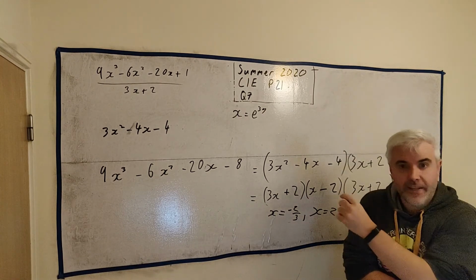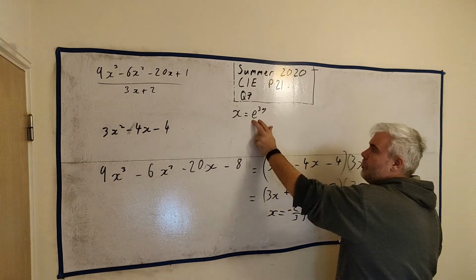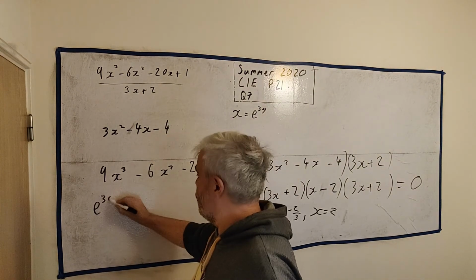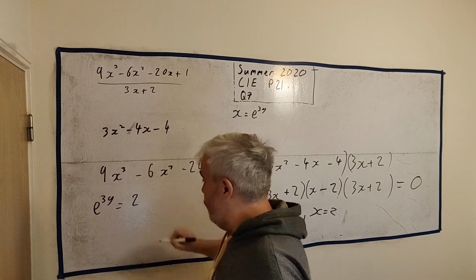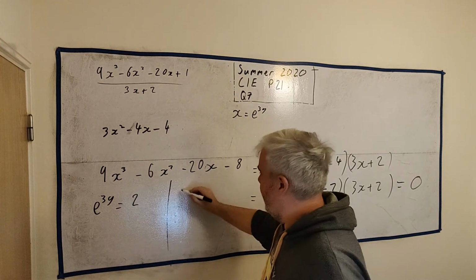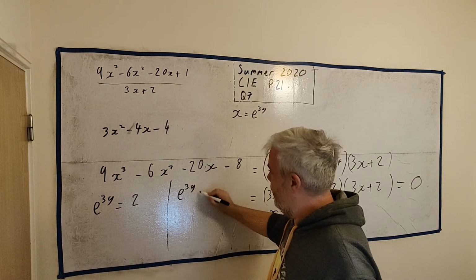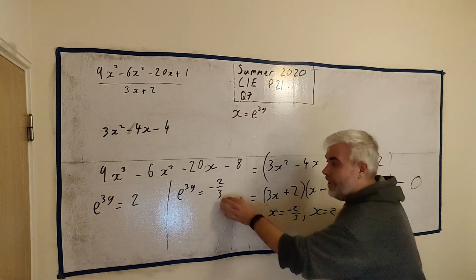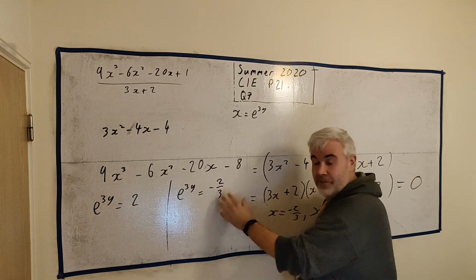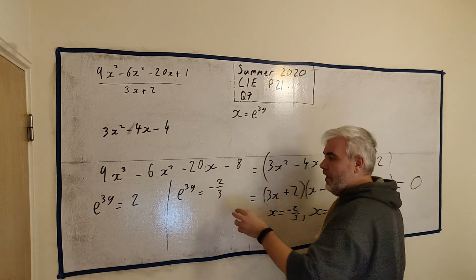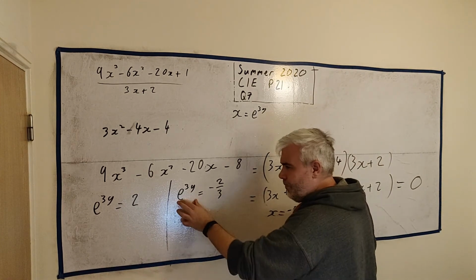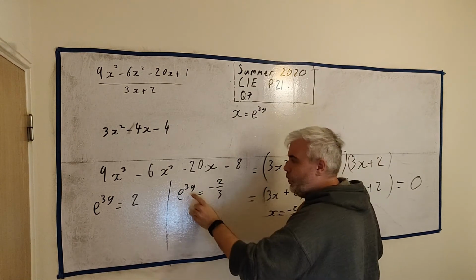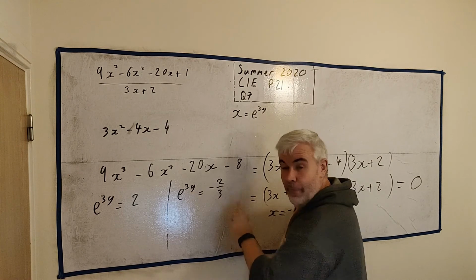Now again, we didn't want x, we want y. So here's y here. What we really get is e to the 3y is equal to 2, or let's do it again here, e to the 3y is equal to minus 2 over 3. Now this one's a problem. This one doesn't have an answer, because there's nothing I can think of, except for imaginary numbers, that we can put e to the power of to get a minus number.